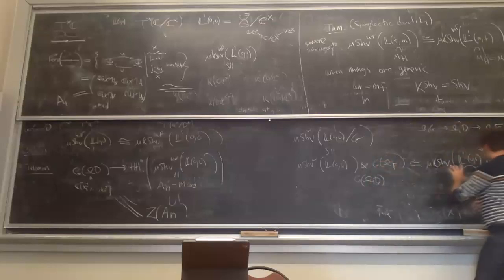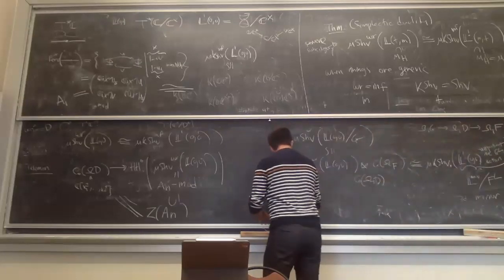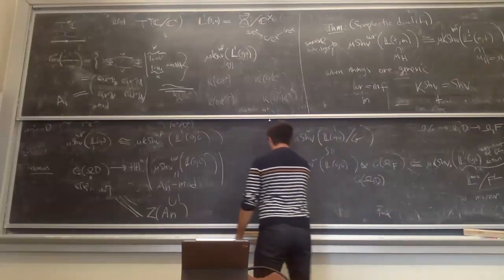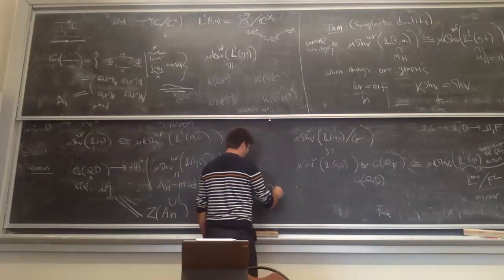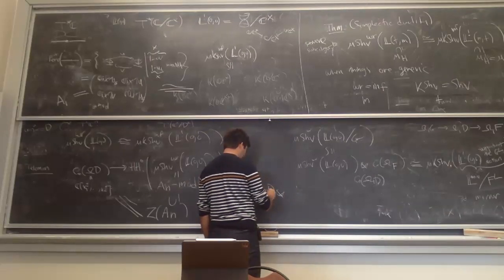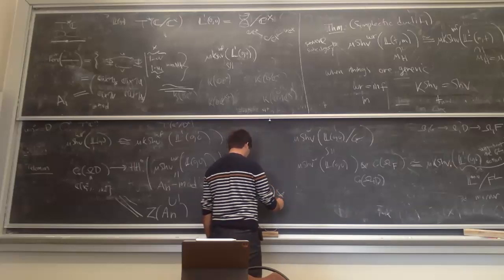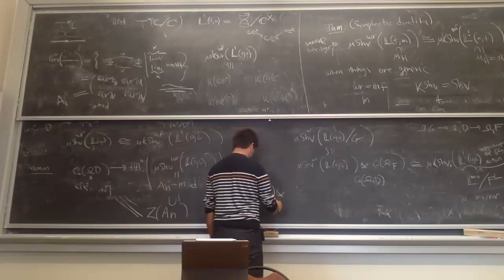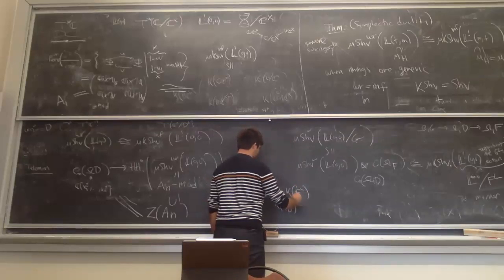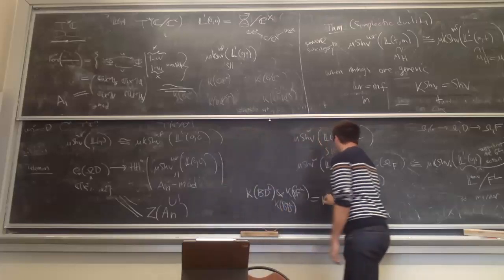maybe I can explain it this way. What I'm trying to tell you is that if you take the K-theory of BD, and then you tensor this thing, BD check, over itself with the K-theory of F dual, or BF dual, this thing is just the K-theory of BF dual.